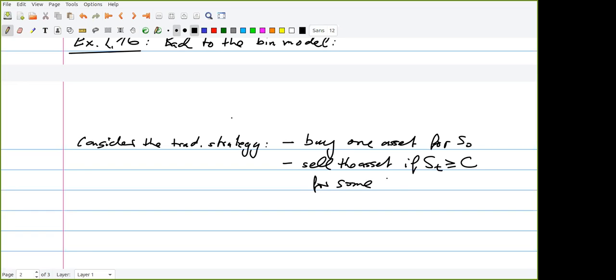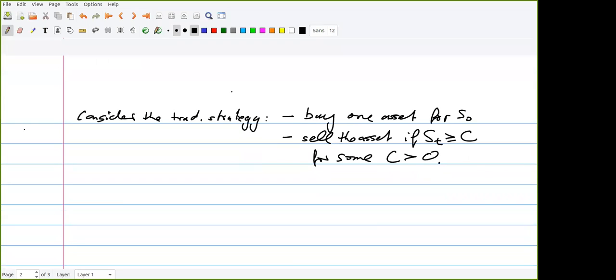So this is a limit order strategy. I buy at the current time 0, and then I keep the asset until it reaches a certain level, and if so, I sell, right?